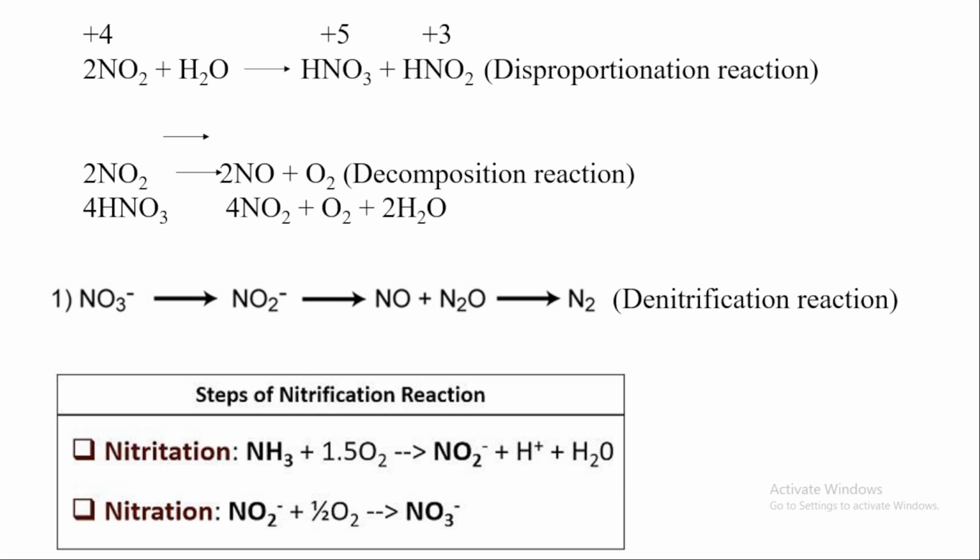So +4 -1 means +3. Okay. So a nitrogen in a +4 oxidation state is getting converted into two nitrogens, one in +5 oxidation state and one in +3 oxidation state. This is called disproportionation reaction. This is a disproportionation reaction for nitrogen.